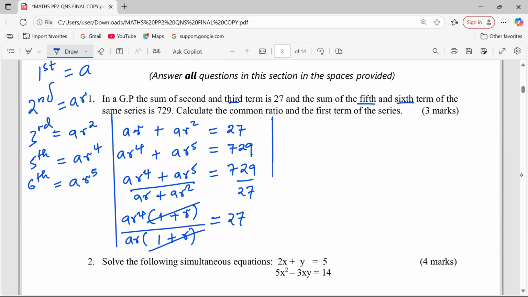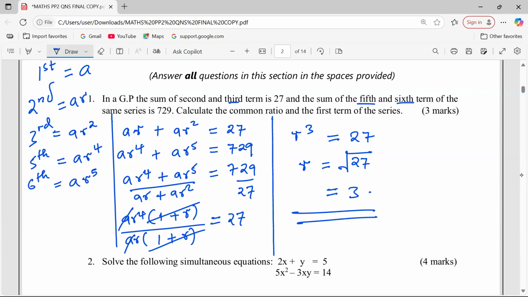Once it is simplified out, A can also cancel out, and R cancels out, so that remains R power 3 is 27. So the value of R now is going to be the third root of 27, which is just 3. So the common ratio in this particular geometric progression is just 3.